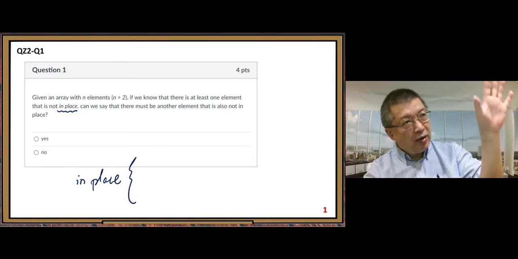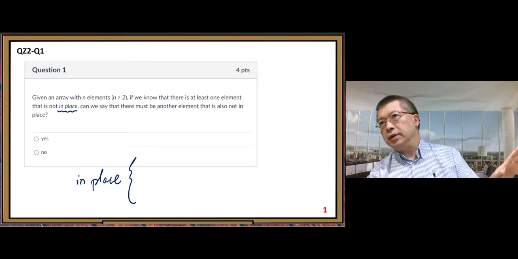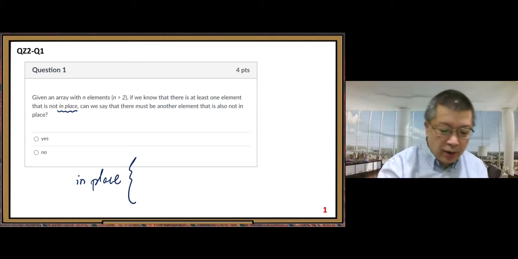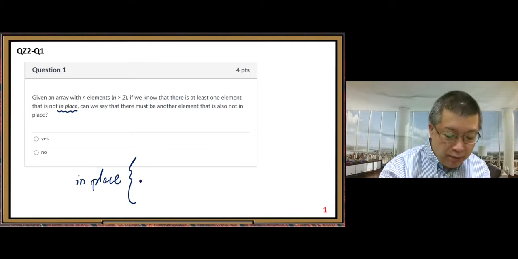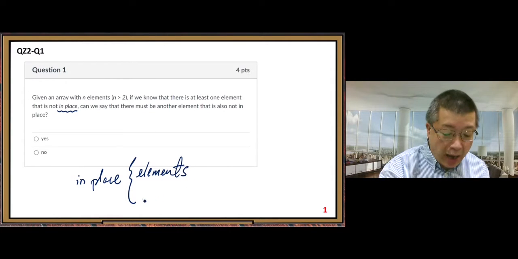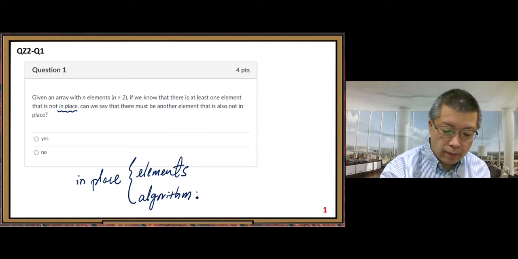So you need to look at what we are talking about: in place elements or in place algorithm. The meaning is different.